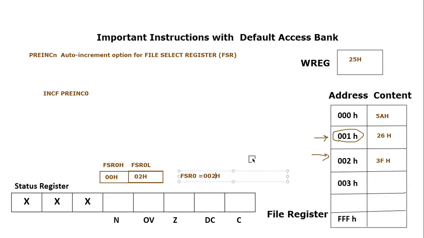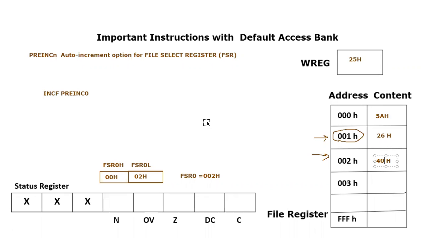That means the increment is already done and FSR0 is now pointing to 002 hex. Now the function to be done is INCF, which means increment file. So this register value will be incremented. It is now 3F, so it will become 40, which is the next hexadecimal value. This is how this pre-increment 0 function will work.